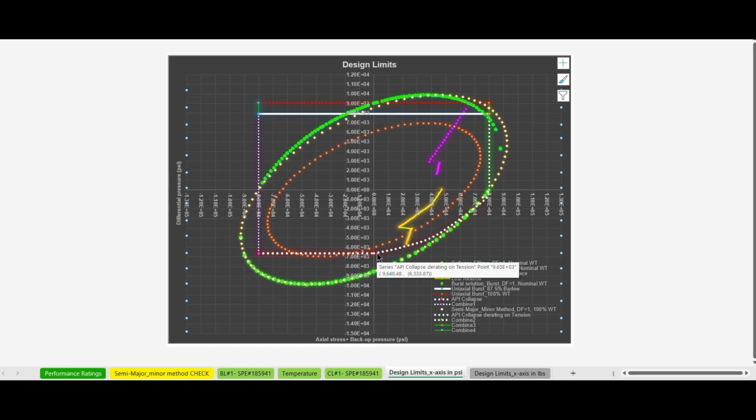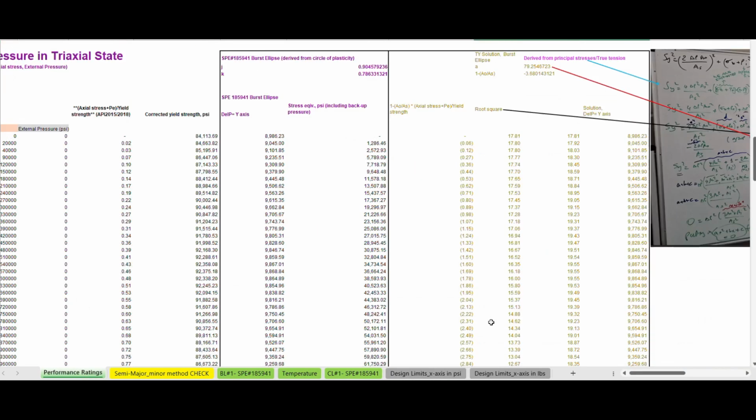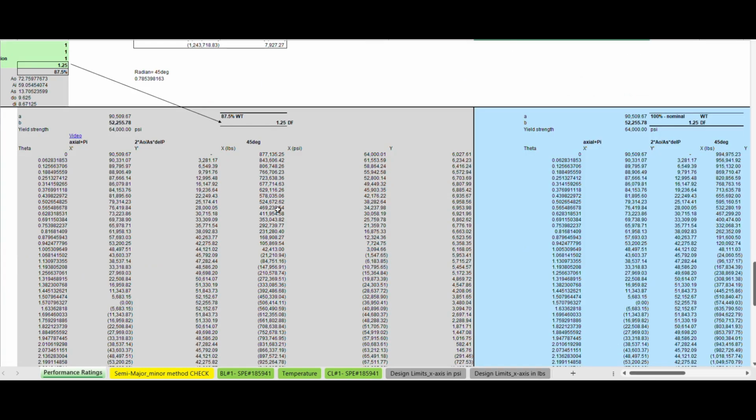So that's different. And then I have plotted here another ellipse. This is 1.25 design factor and 87.5% wall thickness. You could see this was taking the values from the semi-major and minor method.